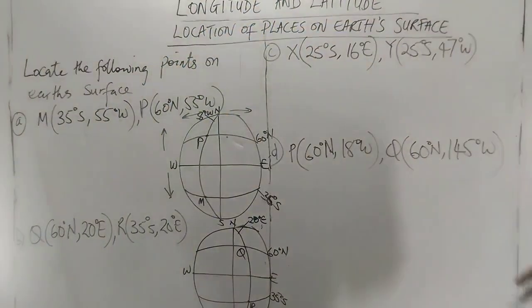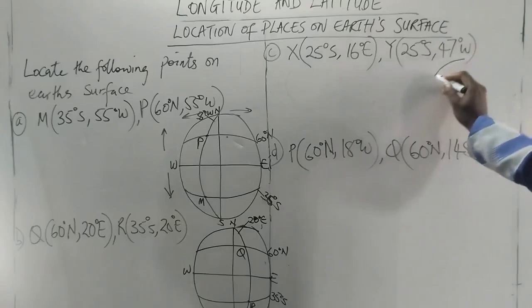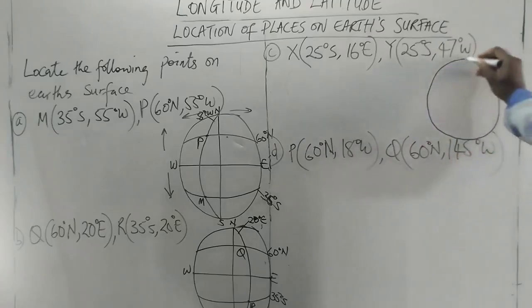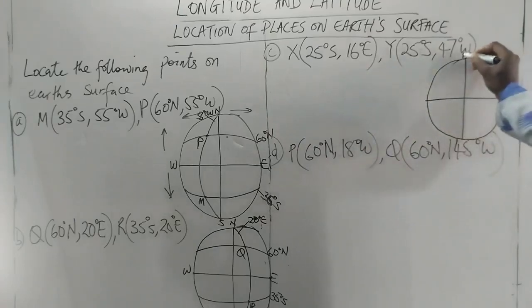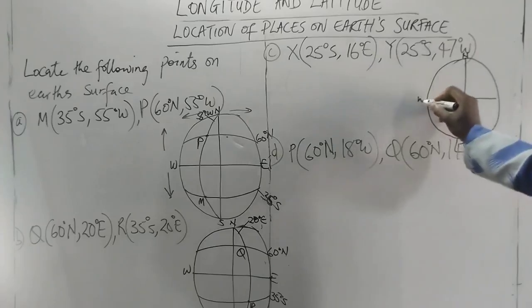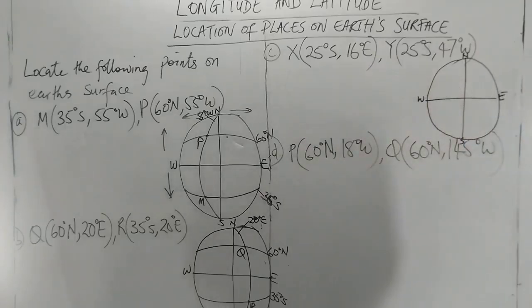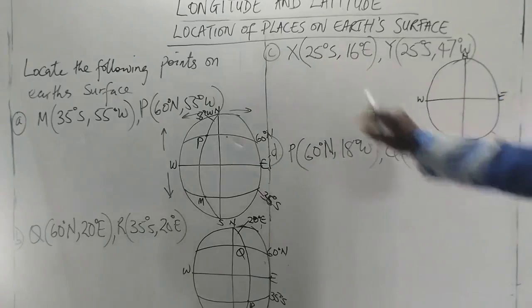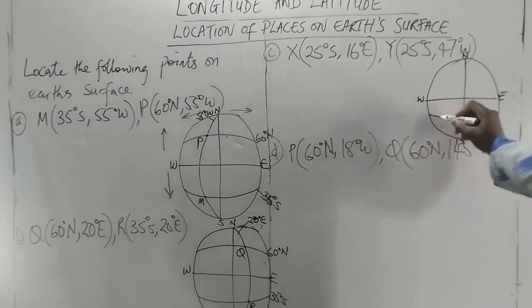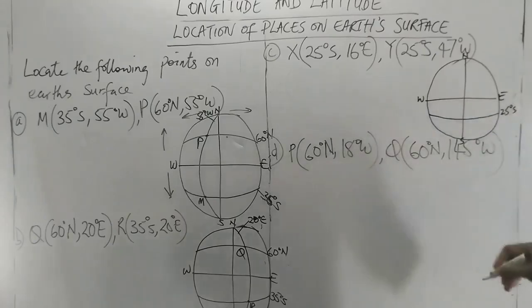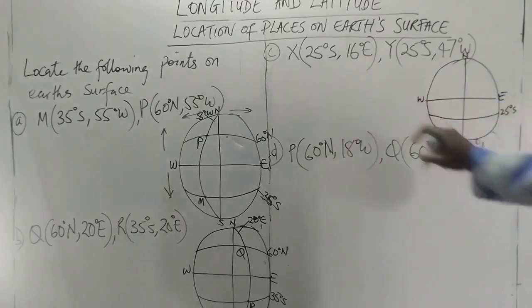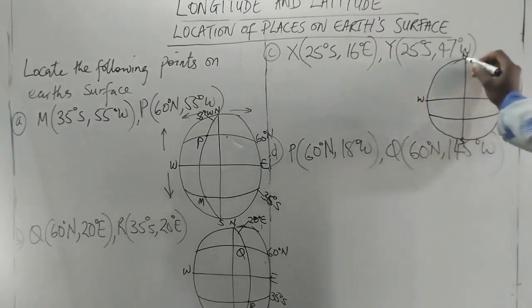Now, the next one says locate X and Y. Don't forget, draw your Earth's surface, put your poles, north, south, west, east. Then it says 25 degrees south. So anywhere here can do for 25 degrees south. 16 degrees east. This is east.